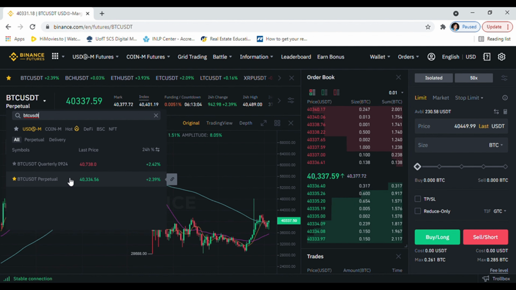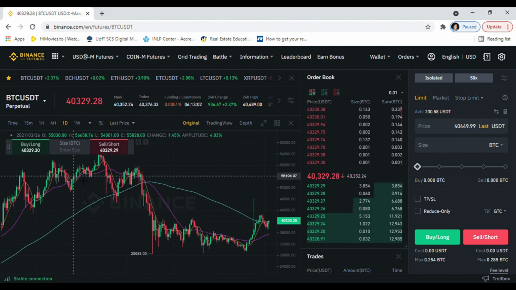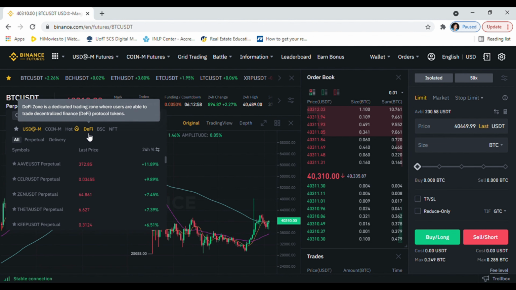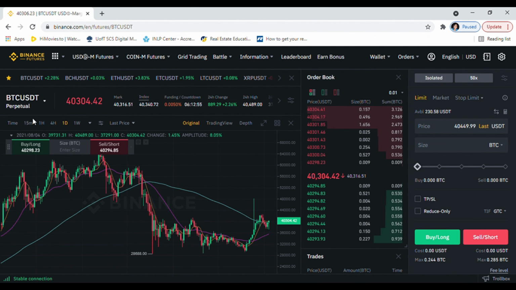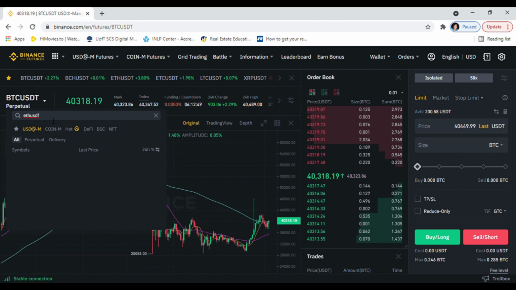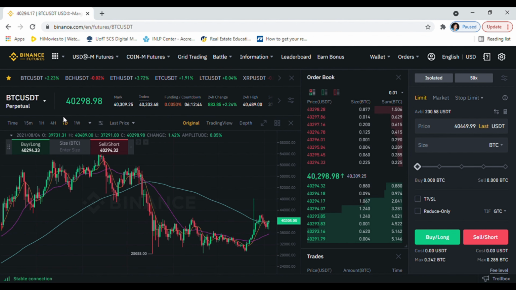Perpetual is the one that you want to select. I select that. If you want to trade any other coin, let's say Ethereum is ETH, so ETH USDT. It's always perpetual. What else?